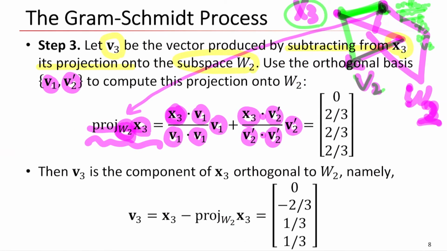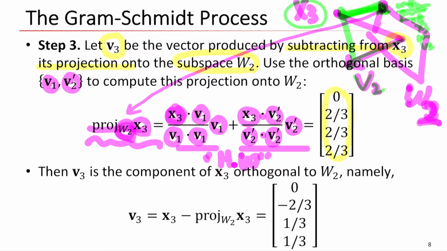Then you can compute this one yourself, so please derive this yourself, okay? In this lecture, we will just skip this one because we have other things to do here. So finally the output of this equation will be 0, 2 over 3, 2 over 3, and 2 over 3, right?